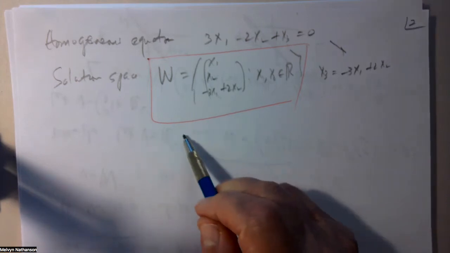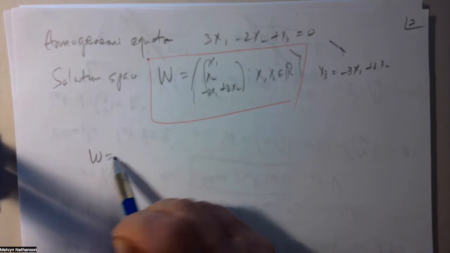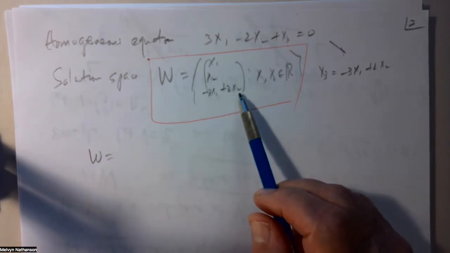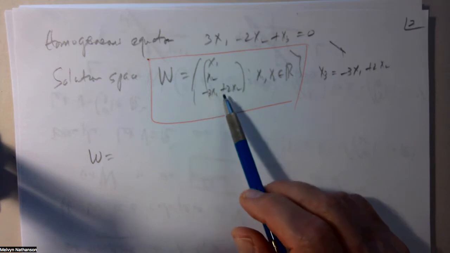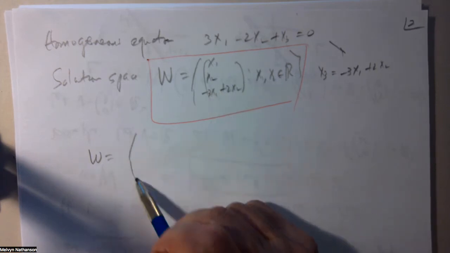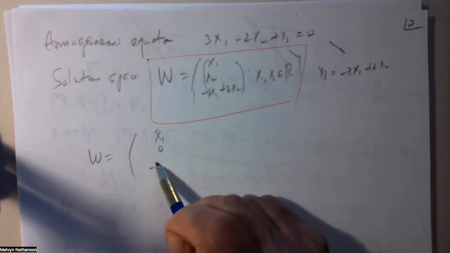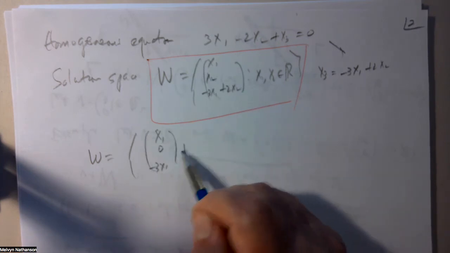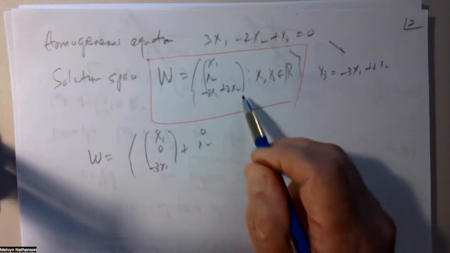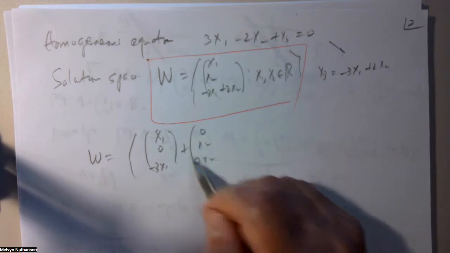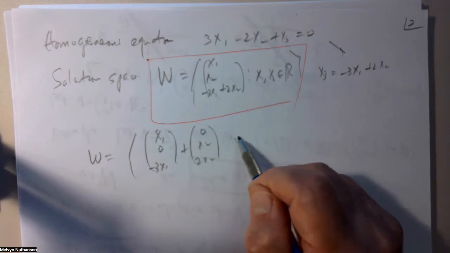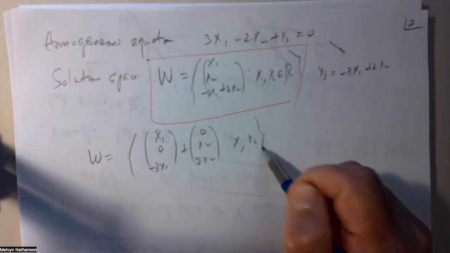And we could write this if we like. If we separate this into the pieces that involve x1 and x2 separately, this is all vectors of the form (x1, 0, minus 3x1) plus (0, x2, 2x2) for any x1 and x2.